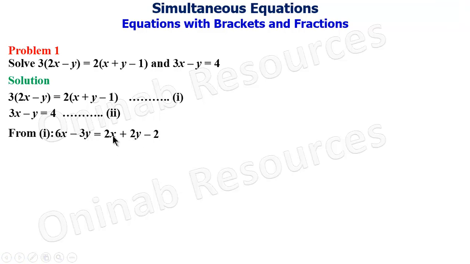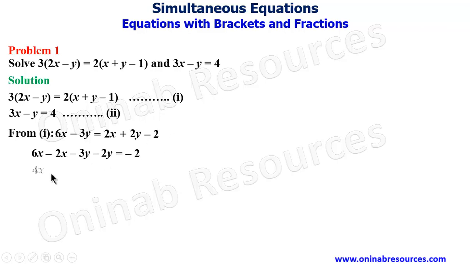Bringing this 2x to the left hand side, we are left with 6x - 2x, because as it is coming, it changes to negative. We still have our -3y here, and this +2y coming to the left hand side becomes -2y, then equal to negative 2, which is the only term left at the right hand side.